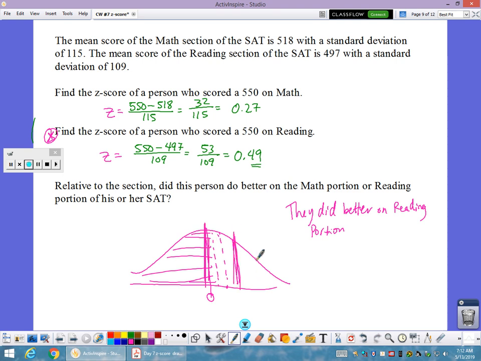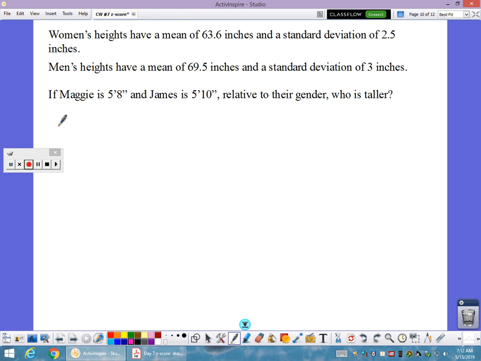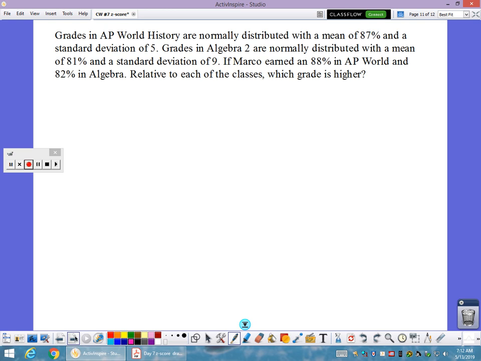If you're exactly 1 standard deviation above or exactly 2 above, it's easy. We can just add up all those numbers on that chart, right? On your formula sheet, you can just see all those percentages. But if you're given a number, if you find a z-score that's between, that's when we need to use the z-table, which we'll look at tomorrow. All right, you guys have 2 more practice problems, so please try those.